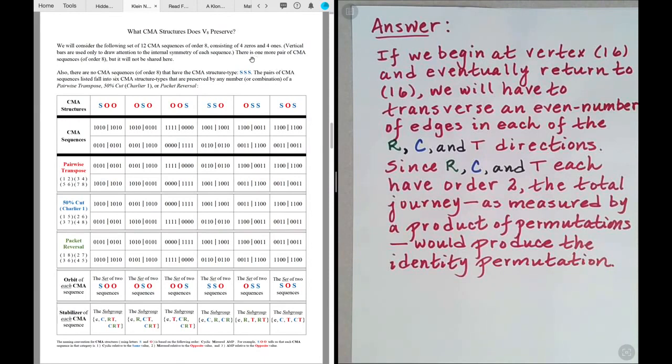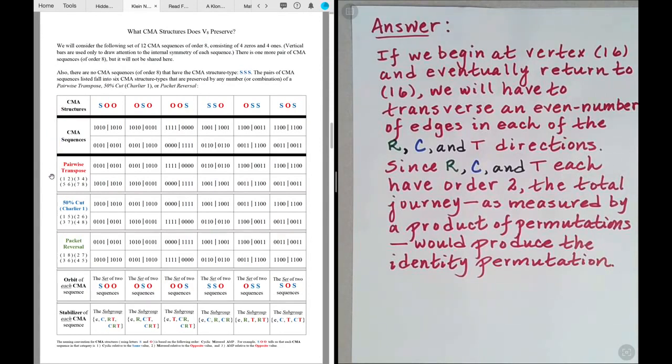There is actually one more pair of CMA sequences of order 8, but it will not be shared here. Though I do encourage the reader or the viewer to try to identify what the remaining 2 CMA sequences are.